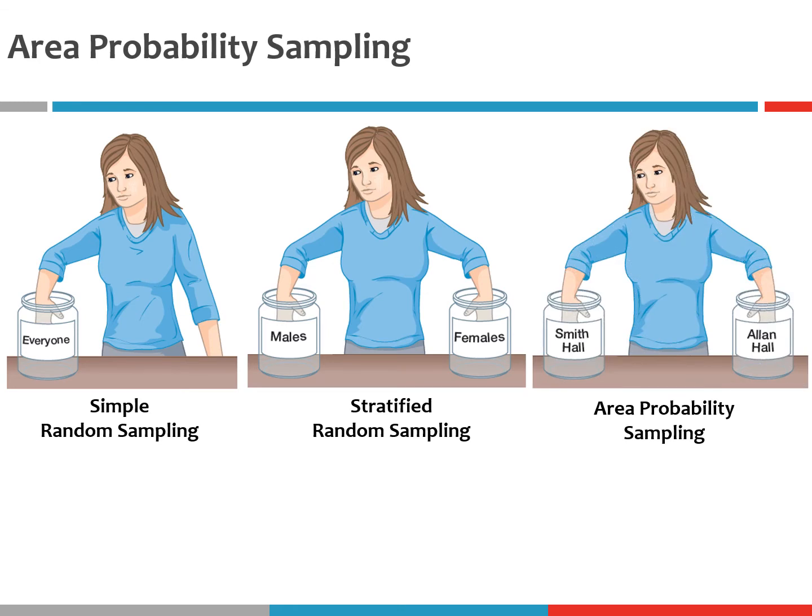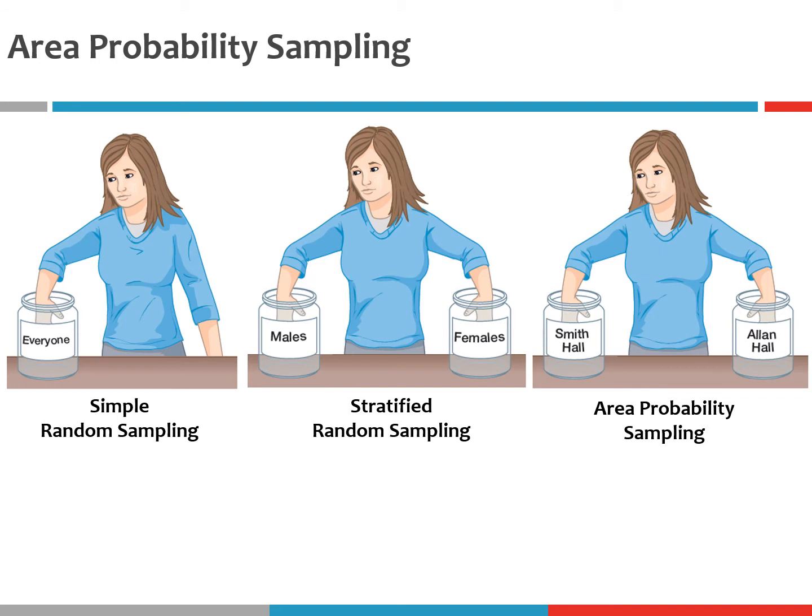Okay, with area probability sampling, this sampling strategy, the researcher first divides the population into subgroups based on geographic area and then randomly selects participants from each geographical subgroup, right? So going back to our example of looking at attitudes towards a tuition increase, right?